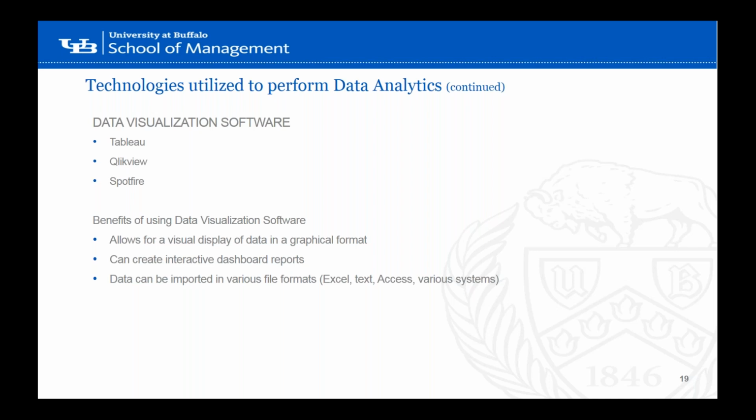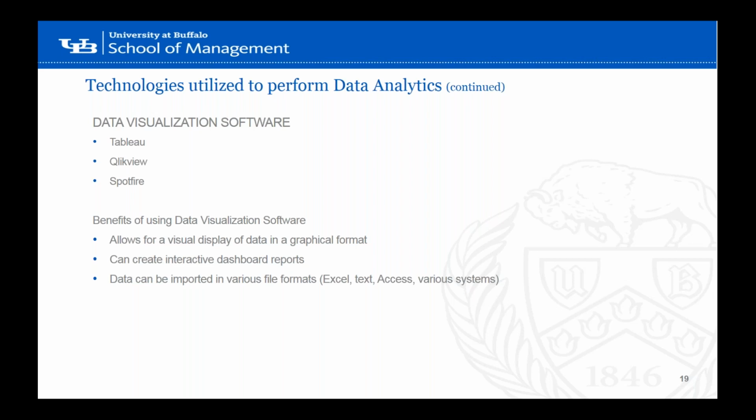A lot of the software allows you to place filters on the data, and if I'm filtering one graph, then the other graphs will automatically update based off of the selection made. So they're interactive in that if I want to reduce something down by region or product, I can see how all of my charts will update based off of that limitation.